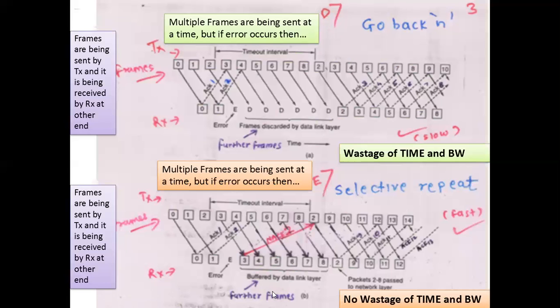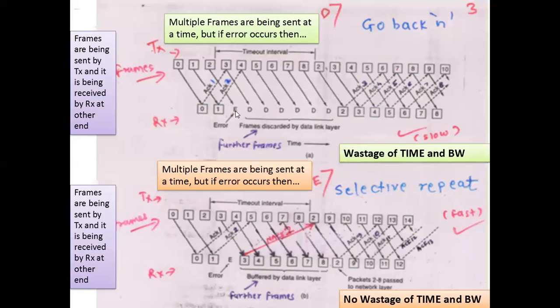Further frames are not discarded; they are buffered by the data link layer and processed. And for the frame where the error occurred, that selective frame is requested and received by the receiver from the sender. Please keep this in your mind.